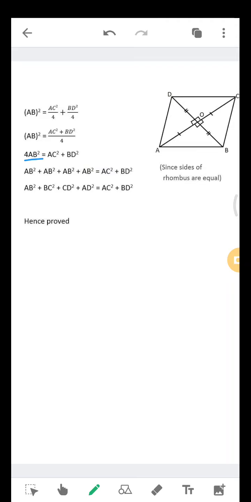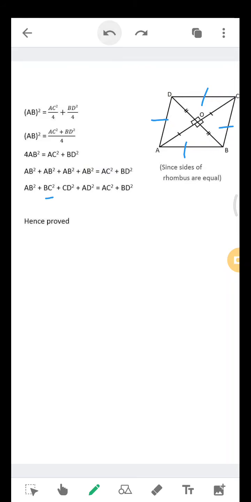4AB square I can write as 4 times AB square. Nothing wrong if I write 4AB square as AB square plus AB square plus AB square plus AB square, that is 4 times AB square. As we already know that all the sides of a rhombus are equal, I can write in place of AB, first AB I'll keep as it is, then in place of the other AB I'll write BC, and then again CD and AD.